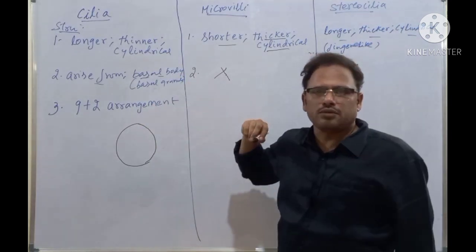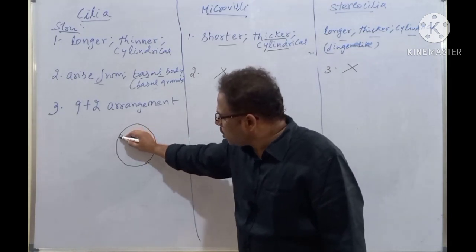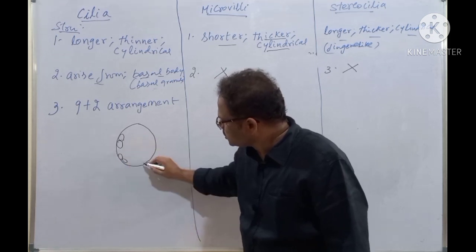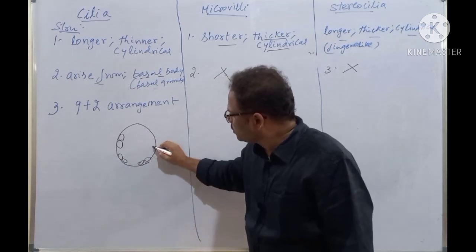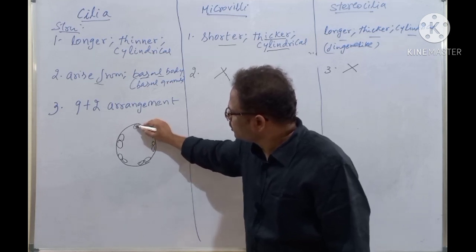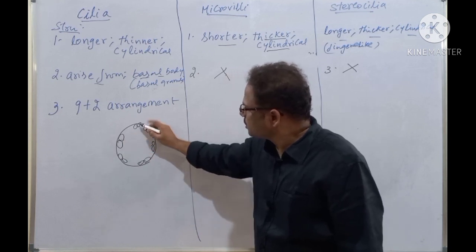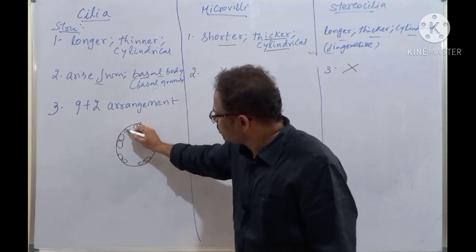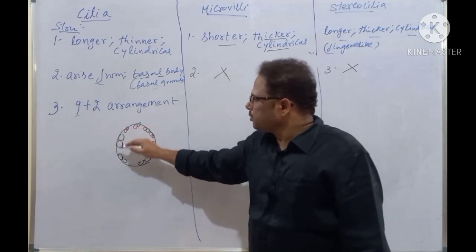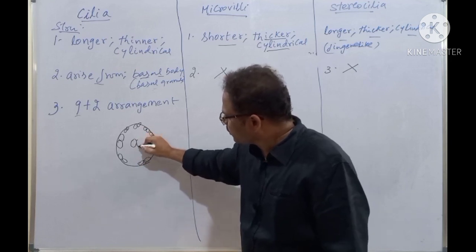And these are the microtubules. I am drawing very small ones here, like this. I had drawn 1, 2, 3, 4, 5, 6, 7, 8. Oh, the space is not there. I had drawn only 8, but actually 9 should be there. 9 plus 2: here 9 are there, and in the center, 2 are there.